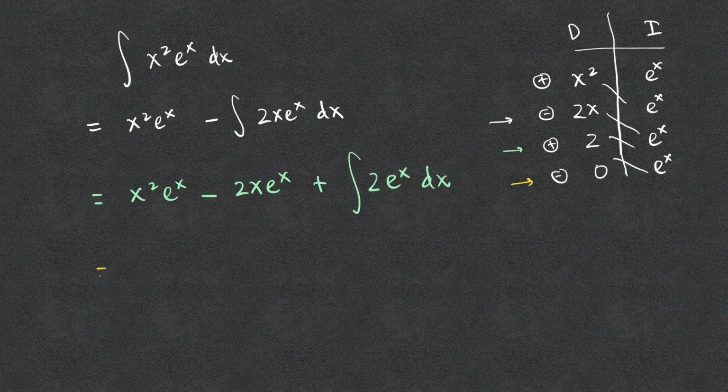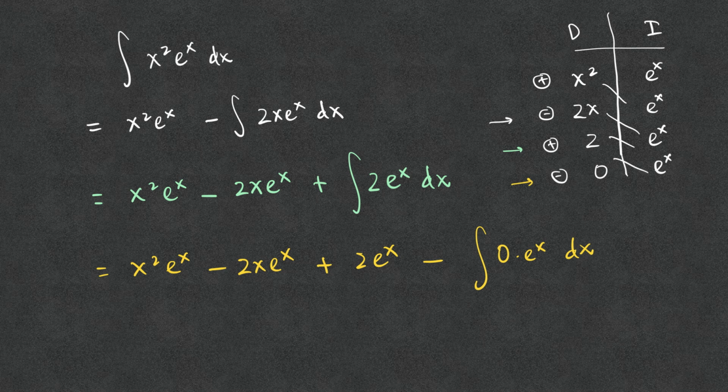And so the answer will be x squared e to the x minus 2x e to the x plus 2 e to the x minus the integral of 0 times e to the x. But 0 times e to the x is 0, and the integral of 0 is a constant. And so the answer is x squared e to the x minus 2x e to the x plus 2 e to the x plus c.